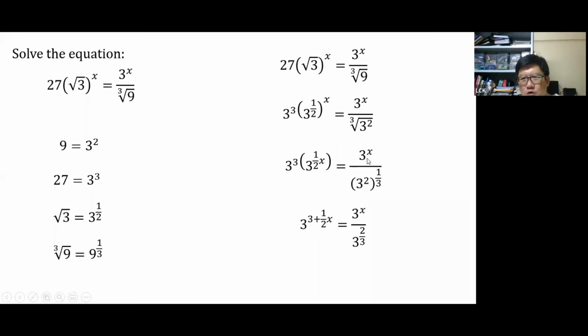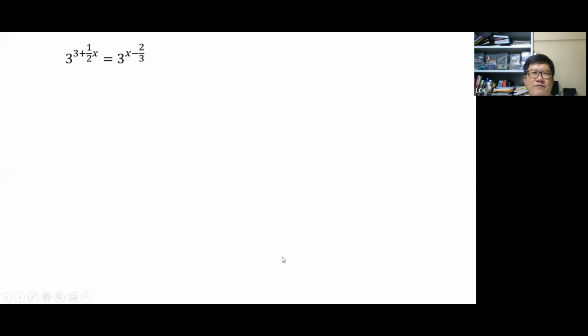Here we can't do anything yet because that's 3 to the power of 2 over 3. And then we can have x minus 2 over 3. And once this is arrived at, you have 3 plus half x equals half x minus 2 over 3.